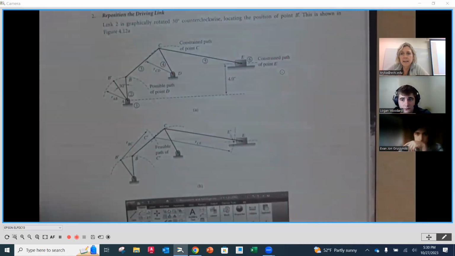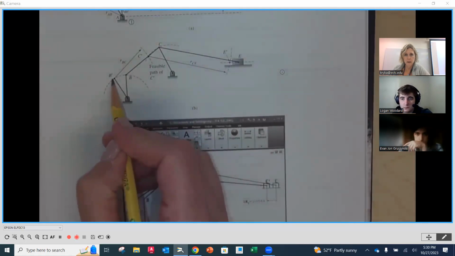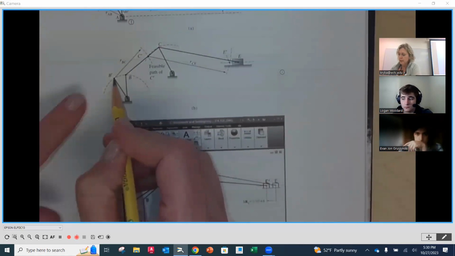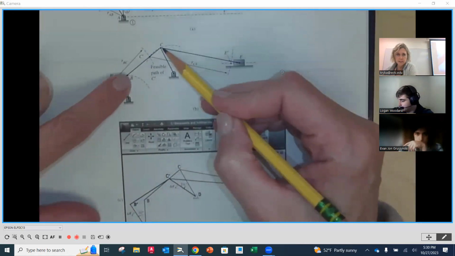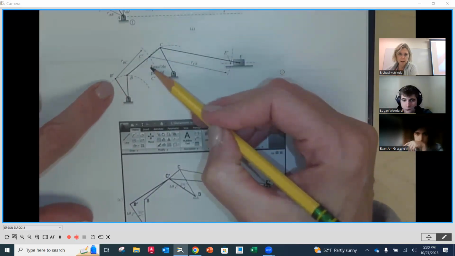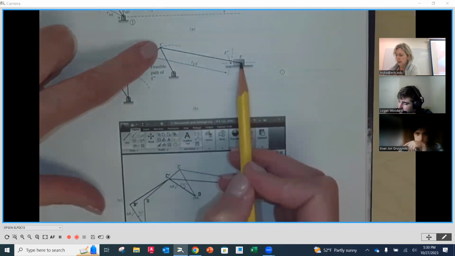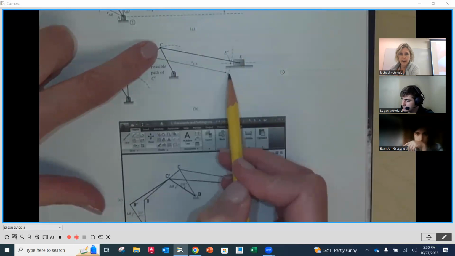Once we have our paths marked off, now what we can do is strike the next radiuses. So we're going to start where we moved our link to. At the endpoint of B here, we're going to take that radius from B to C that we had originally, and we're going to strike that arc. And then we're going to take the connection from C to E, which is link number 3, and strike that arc.